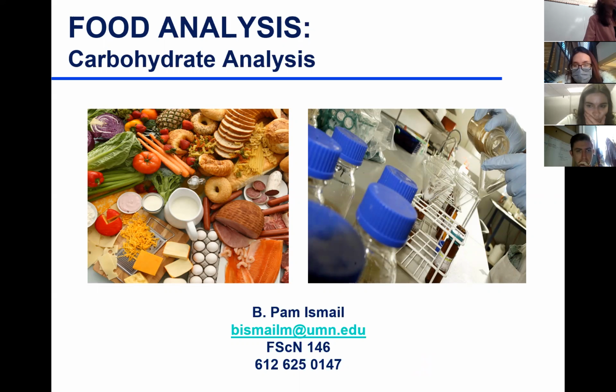Proximate analysis is the quantification of ash, protein, fat, and moisture, and by difference, you get the total carbohydrate. We're done with that. Here, we're going to talk about actually analyzing different carbohydrates in our sample. So carbohydrate analysis is not part of proximate analysis. Okay, good.